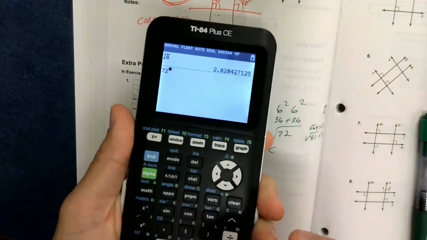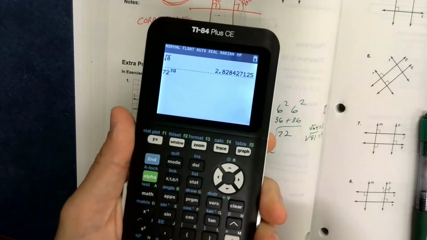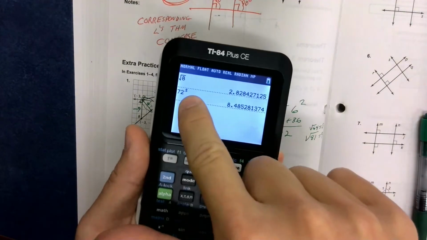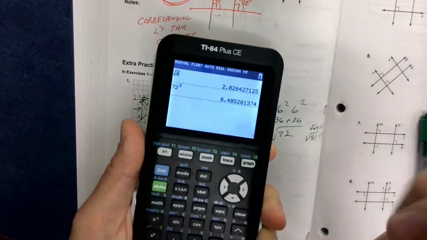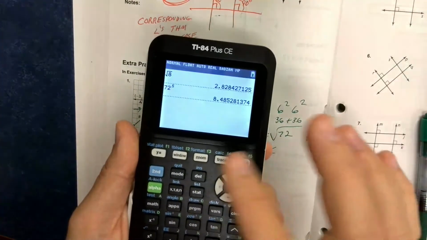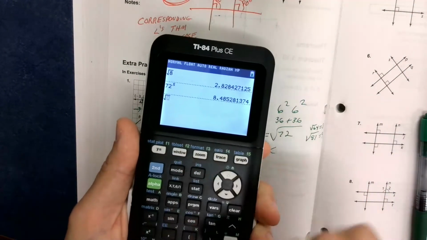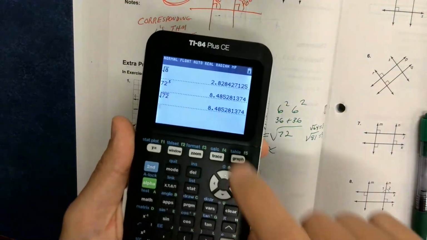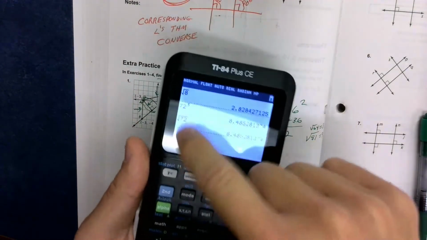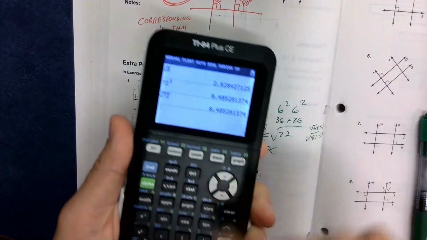I'm going to raise it to the 0.5 power. Watch. Oh, look at that. So a square root and raising it to the 0.5 power, actually the same mathematical stuff. Watch, I'll do it the long way. Square root of 72. And you can see same numbers. So if you want to do square roots on your calculators, you can also just raise it to the 0.5.